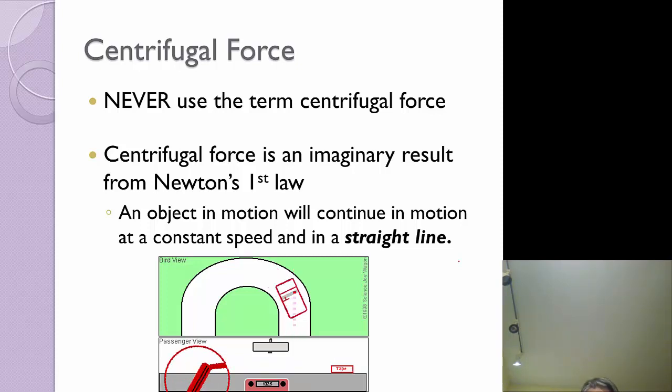A lot of journalists end up using it, and I really have concerns over how well they did in physics, if they took physics. But it sounds like such a nice term, centrifugal force. But we are going to try to avoid using that term ever. Centrifugal force implies that there is a force to the outside of the circle. There really isn't. It's just that everything under you is turning to the left, while you want to go straight.